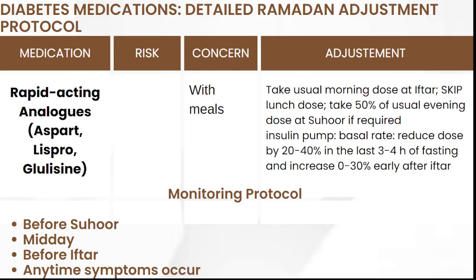If the patient is taking an insulin pump, for the basal rate I will reduce the dose by 20 to 40% in the last 3 to 4 hours of fasting, and increase by 0 to 30% early after iftar.